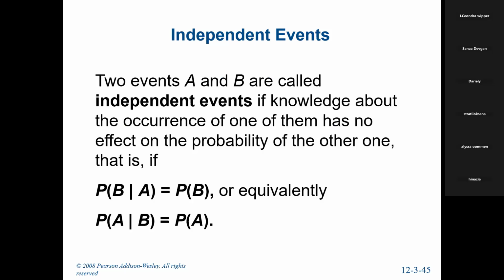That is, if the probability of B given A equals P of B, or equivalently, the probability of A given B equals P of A. If this happens, the two events A and B are independent. Got it? Okay.